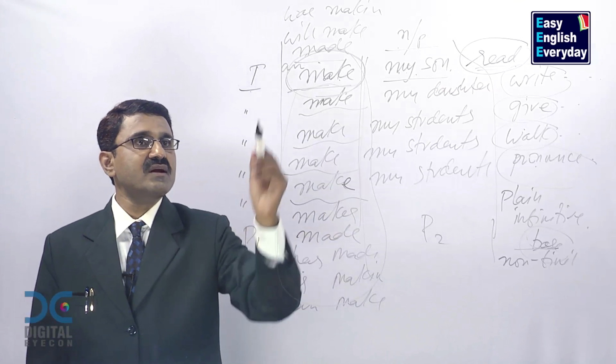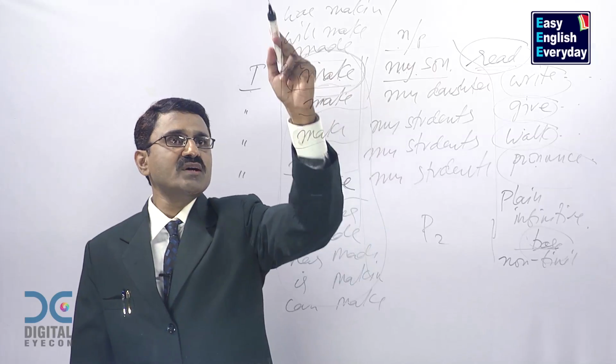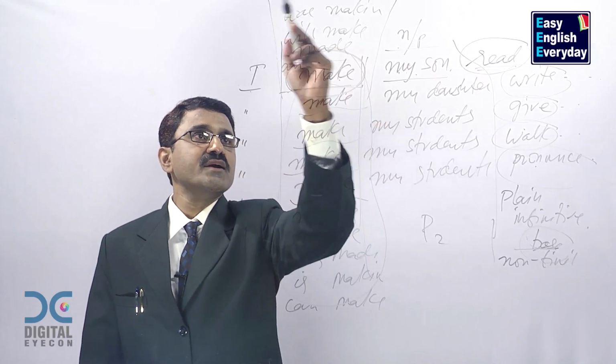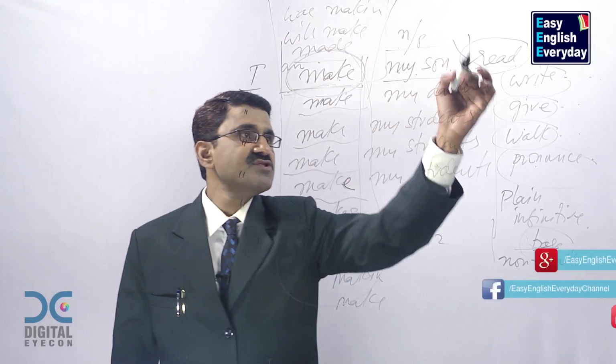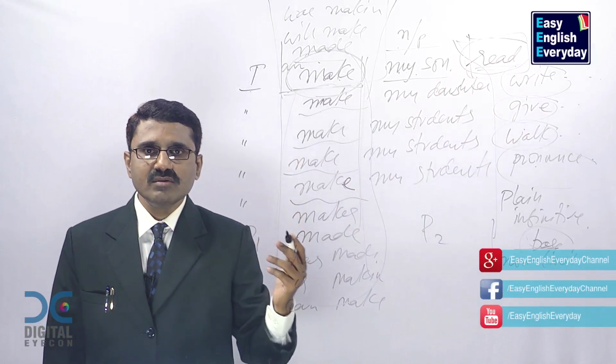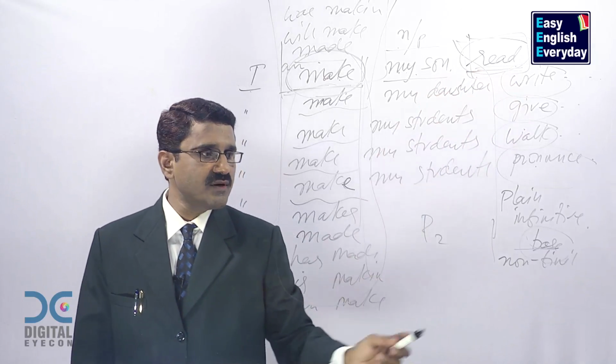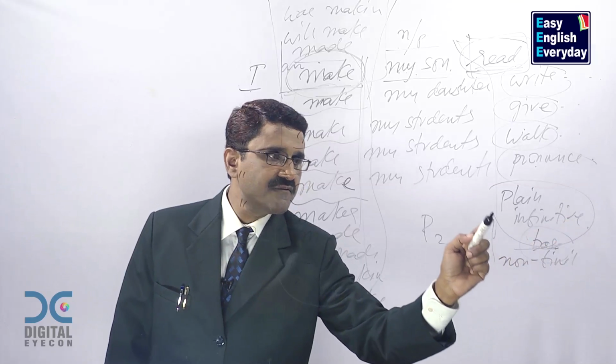Past continuous. I can make, I will make, I should make. So observe, whatever changes you want to make, you can make here. But this remains untouched. It does not undergo any change because this is non-finite verb. We call it plain infinitive.